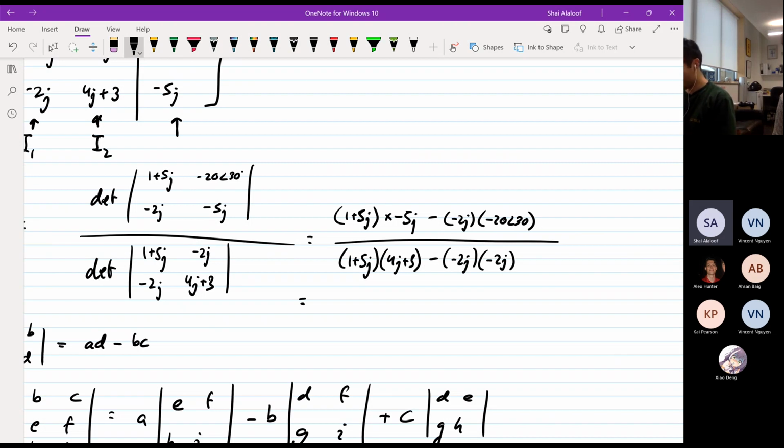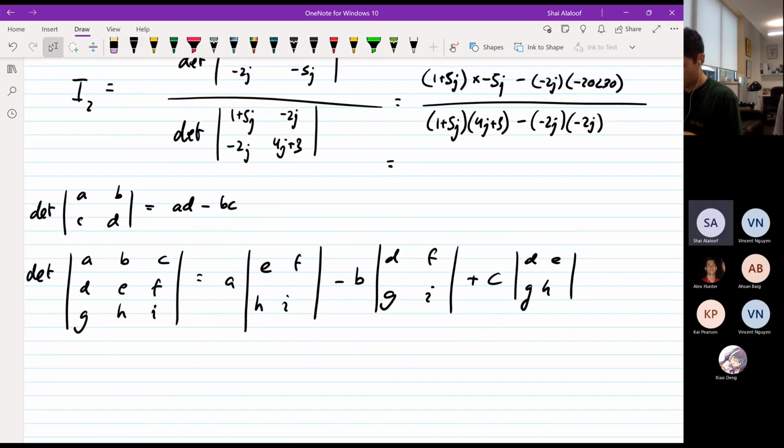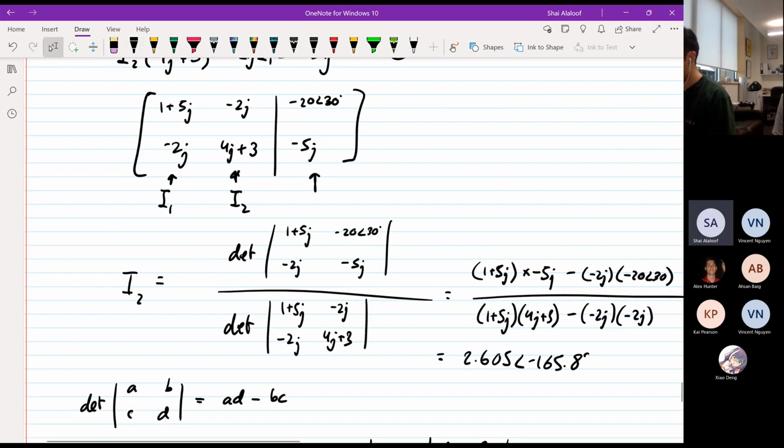Okay, so I get 2.605 with a phase of minus 165.8 degrees. And this is for I2, keep in mind. I'm just going to check that that's right. Yeah, that's right.